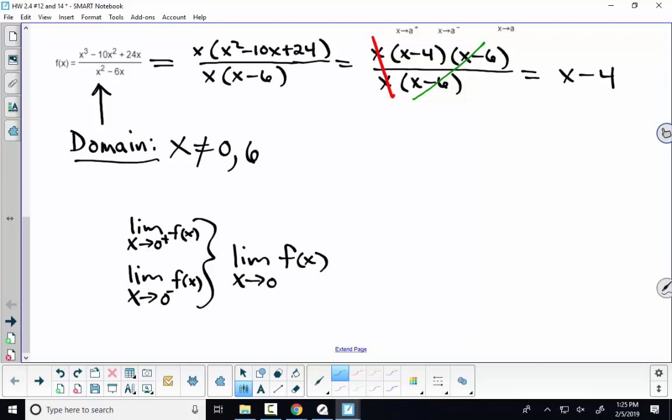That's all they were wanting there. If you did have a vertical asymptote, compute the limit on both sides of it, because those limits gave us a sense of what's happening.